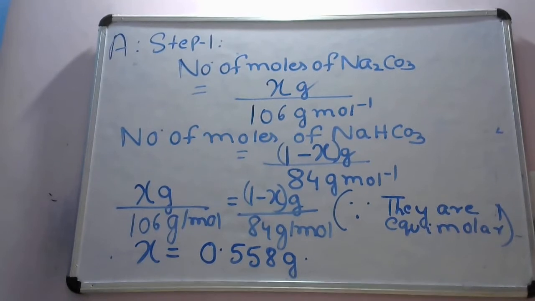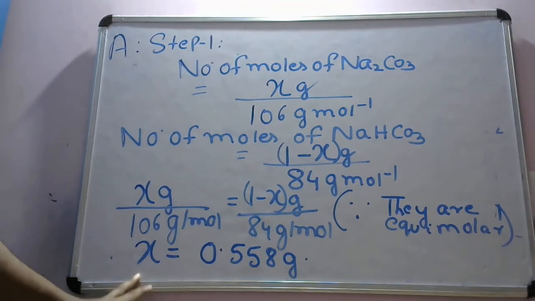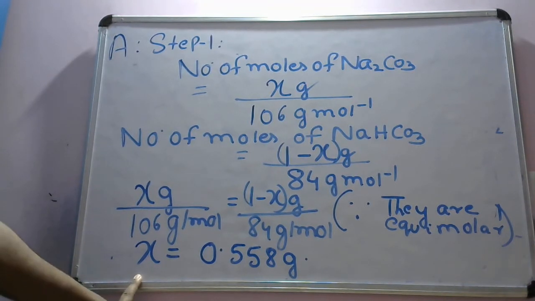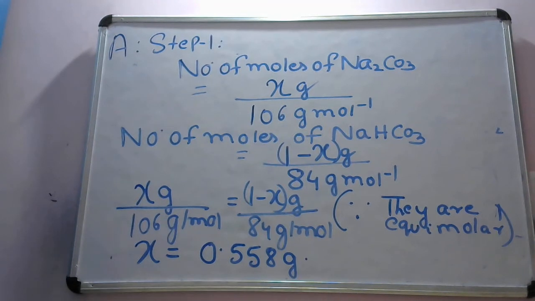Complete this, then we will go for calculating moles of Na2CO3 and moles of NaHCO3. This is the mass, not the moles. We have to find the moles.